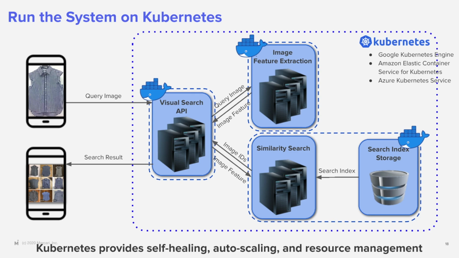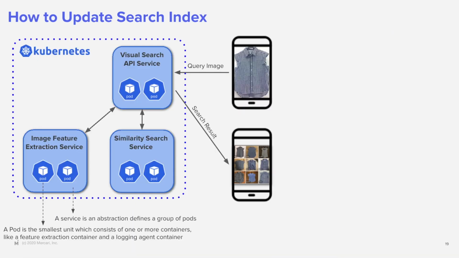I want to talk about how to update the search index next. Let me simplify the picture. The components are the same as the previous slide. They are Visual Search API service, Image Feature Extraction service, and Similarity Search service.